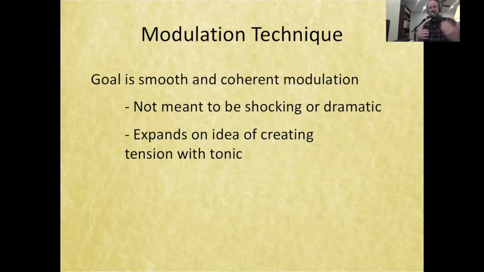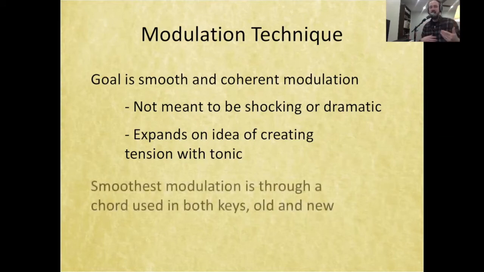We're going to expand to create even more tension by actually leaving the key instead of just hinting at notes that belong elsewhere. What we're going to find is that our technique is going to be centered around using a chord that's used in both the key that we're coming from and the key that we're going to. And we're going to start calling those the old key and the new key, right? We start in the old key, and then we're going to the new key.